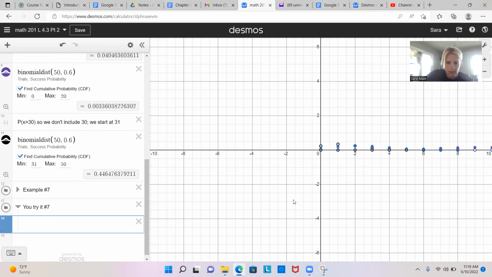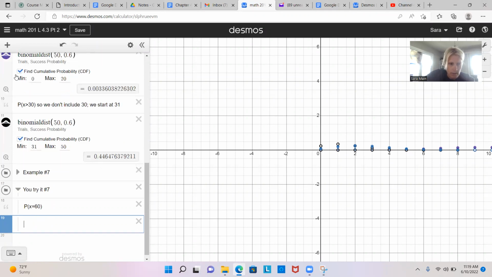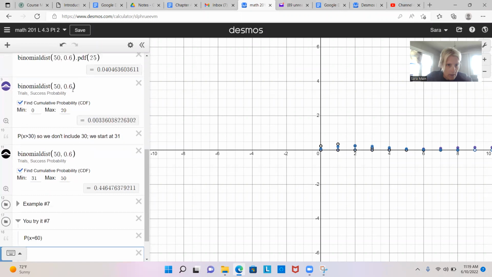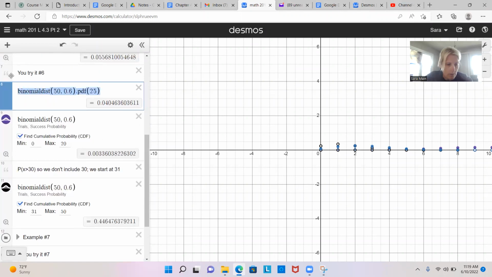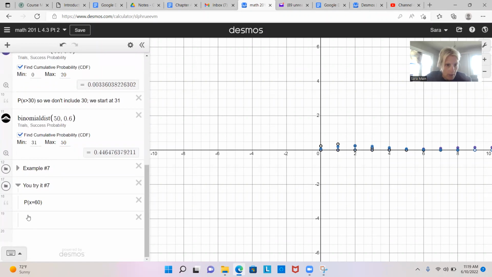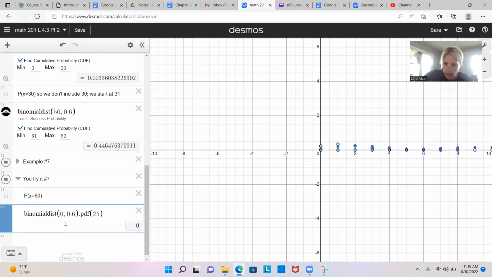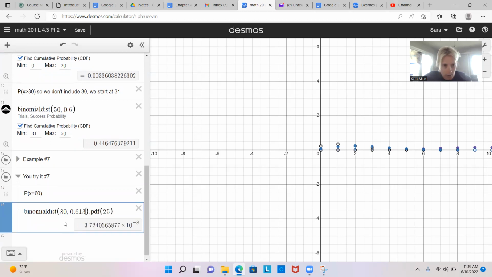This is the probability that X equals 60. I'll do a PDF here, and I've got to change ours because n was 80, and his likelihood of making it is 0.613.